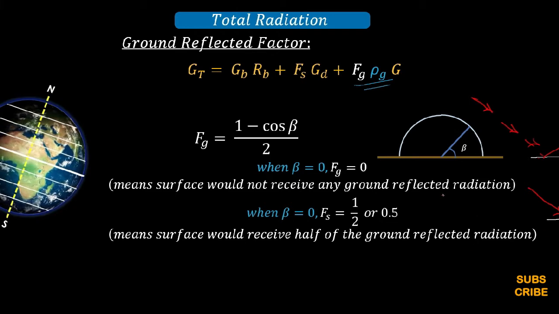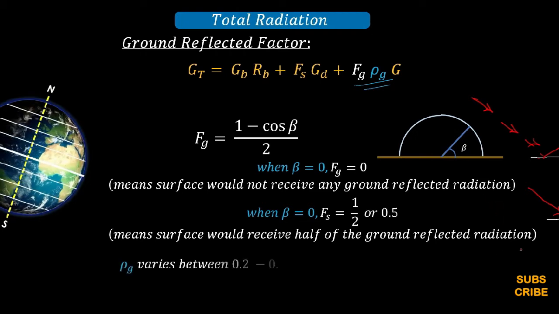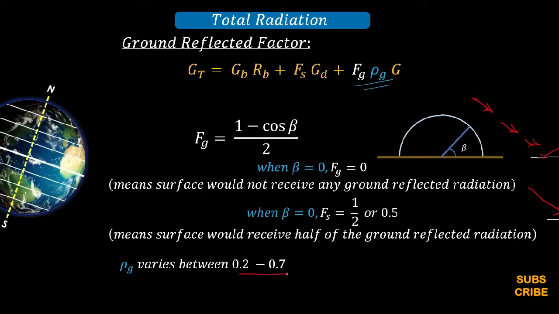Now another term is rho g, the reflectivity factor of the ground. It varies from surface to surface, and its value ranges between 0.2 to 0.7.